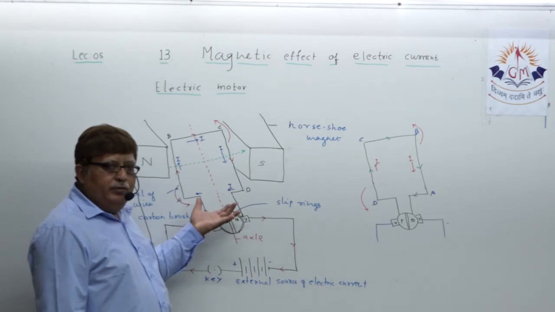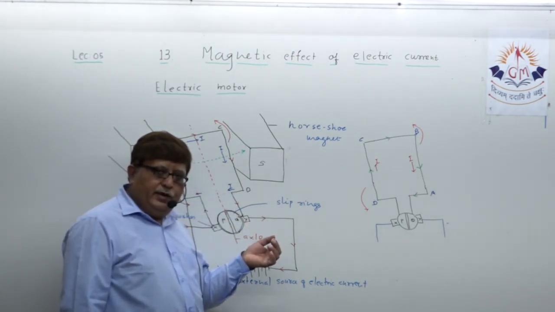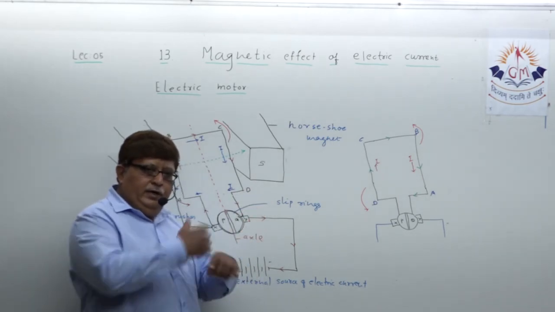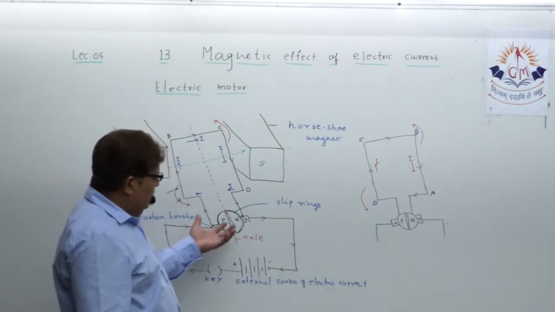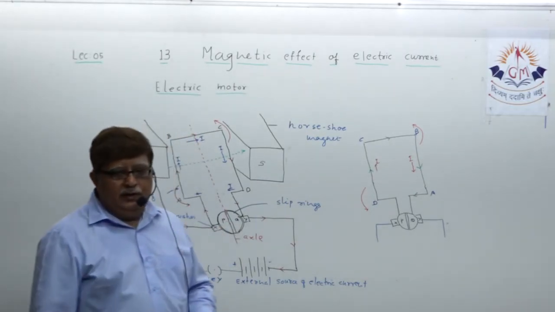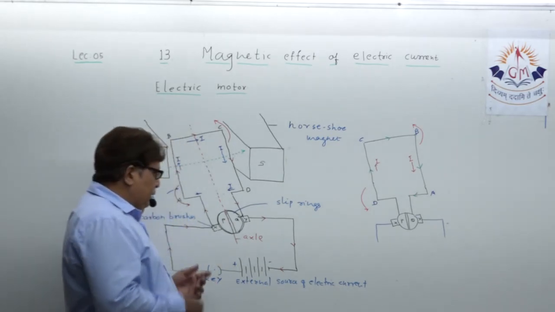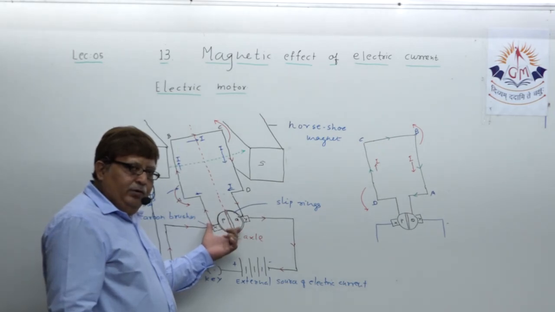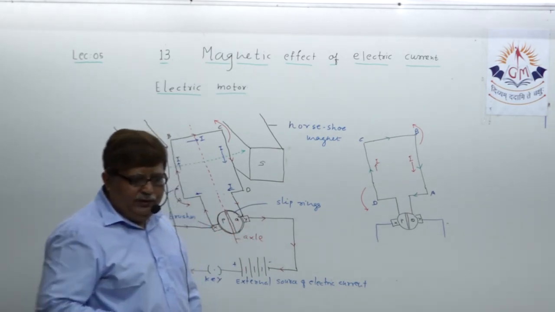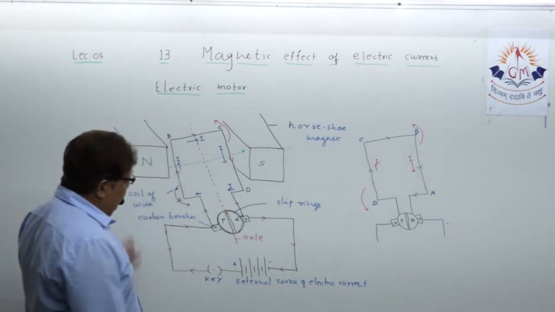Inside the horseshoe magnet, a rectangular coil of wire ABCD is kept, axled to ensure a very free rotational movement. The two ends of the coil are connected with the split rings P and Q. The split rings remain in contact with the carbon brushes X and Y, which are connected with the external source of electric supply and a key.